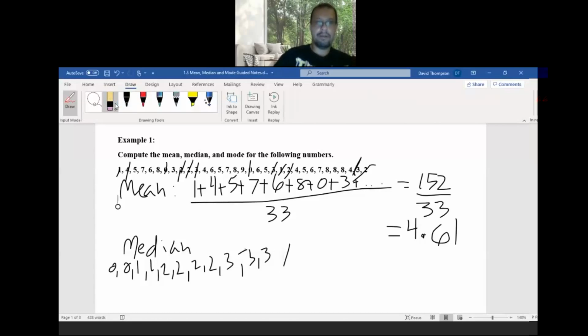Let's make this a little bit neater. 3, and 4, another 4, another 4, and another 4.